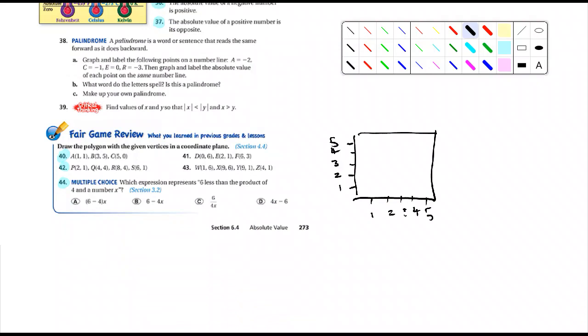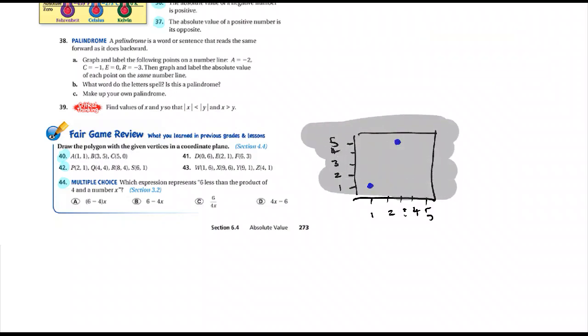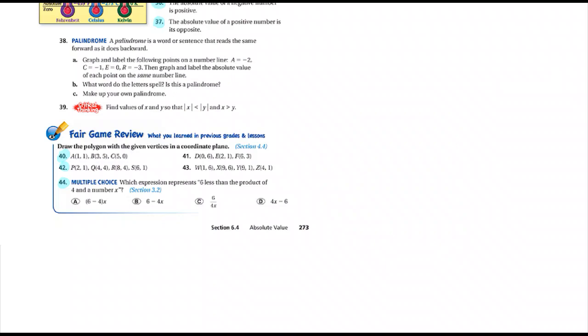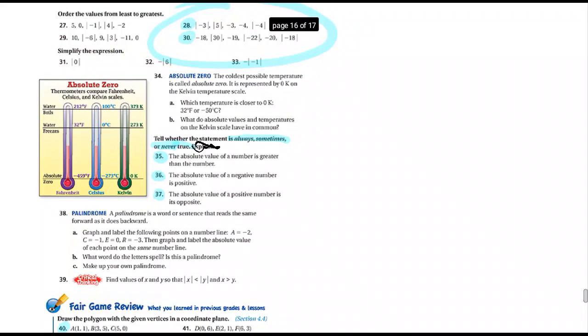So 1, 1 would be right about there. 3 first, and then 5, right about there. All right, if you use a straight edge, it might be a little bit easier. It's up to you guys. That was a reminder for me. Okay. All right, I'll end this video.